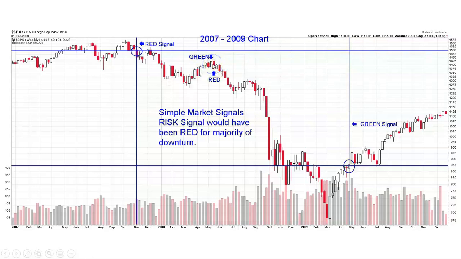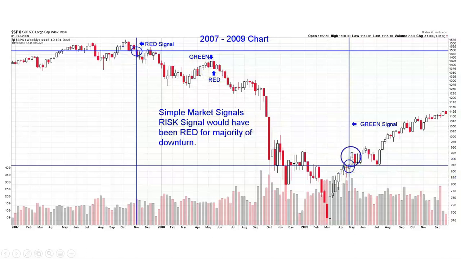But that's just the way any type of protective system works, guys. But think about this. Again, you could have got out, or went to cash or done whatever you wanted to do right around 1500 to protect your portfolio, and you would have had a green signal that would have come out around 875 on the S&P 500 right here in 2009.